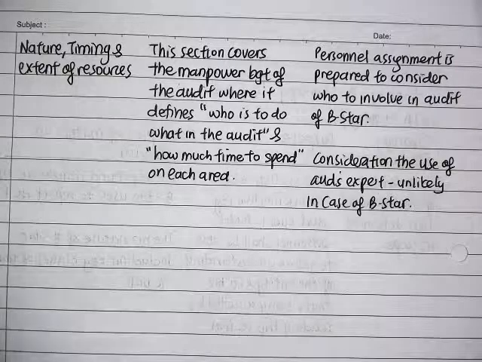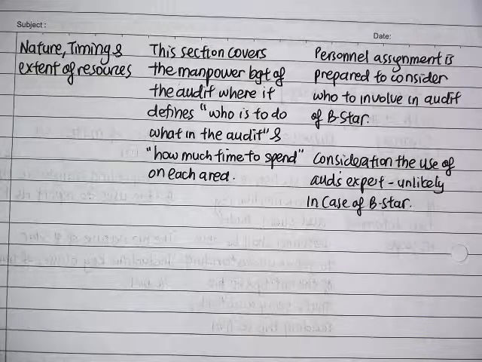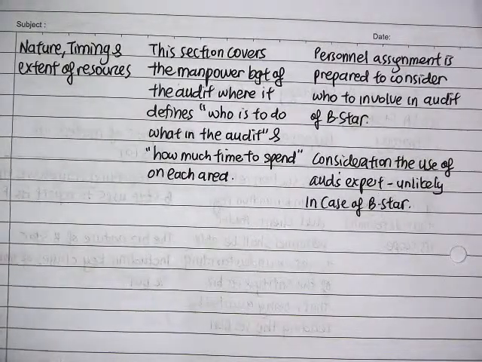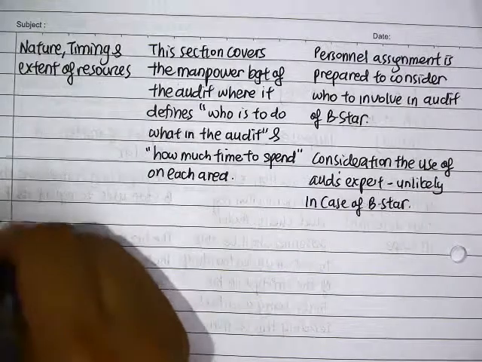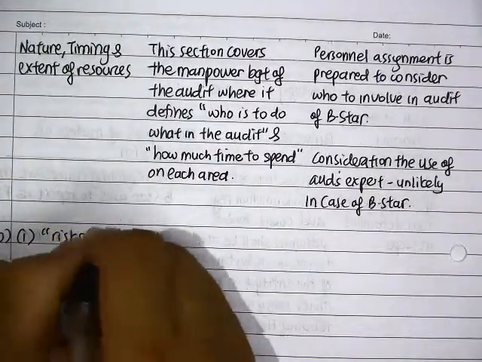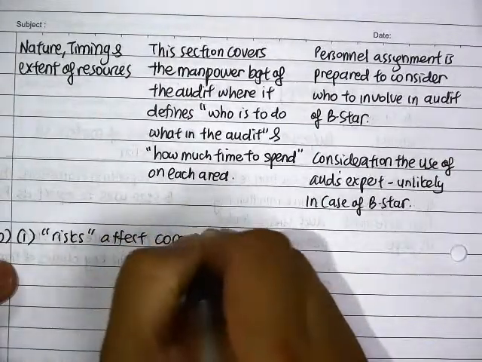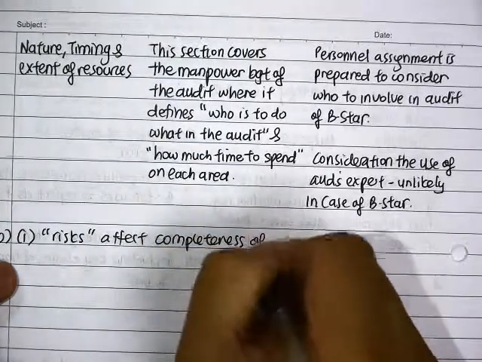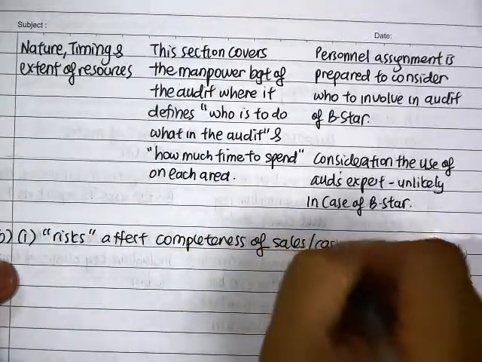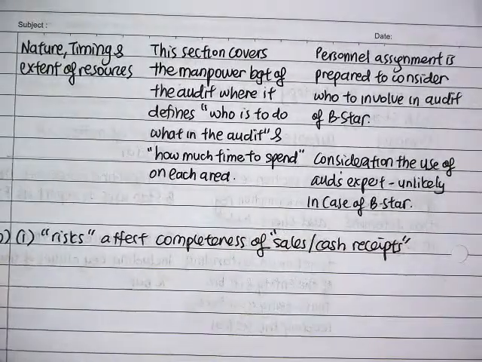Now, see what they're asking now in part B is they're asking us to look for the risks. Okay, B is talking about what are the risks that could affect the completeness assertion of the sales. Now, so look back into B. Now, they ask us the risks that will affect completeness of sales and your cash receipt.